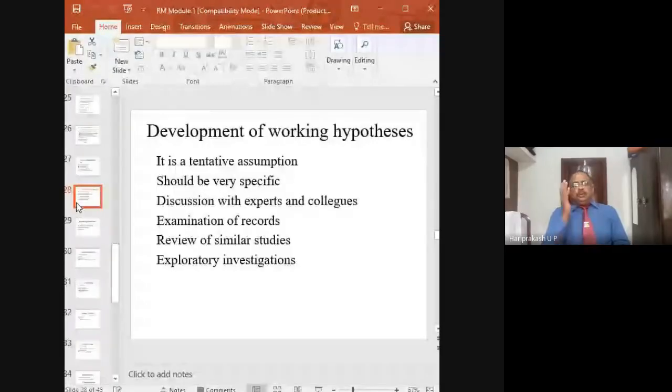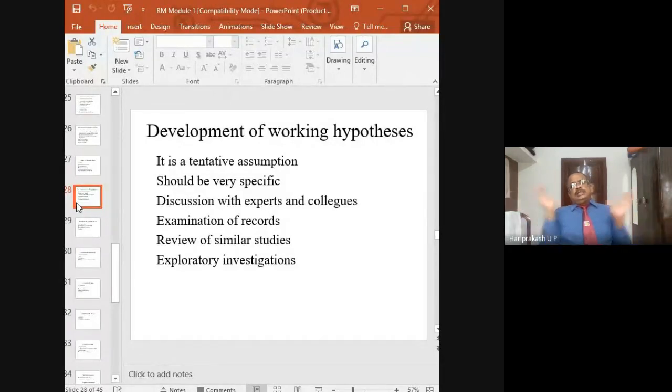So what I have to do is check how many advertisements there were, and I have to collect data from the consumers: how many people were influenced to purchase mobile phones because of advertisement.